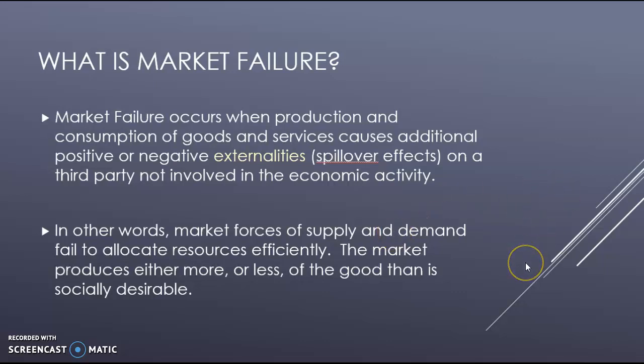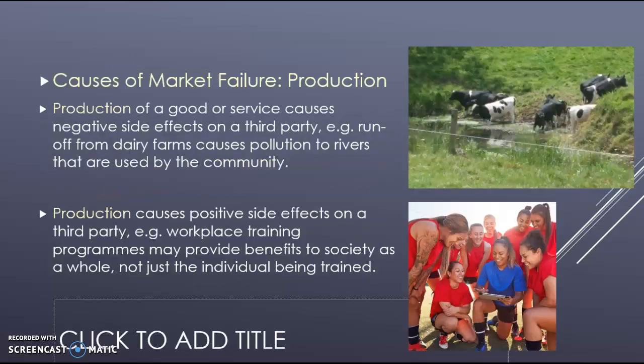Now because the market price doesn't take into account the external effects, in other words, the way the society and the people around are affected, then the price doesn't reflect the true value of that good or service that's being produced.